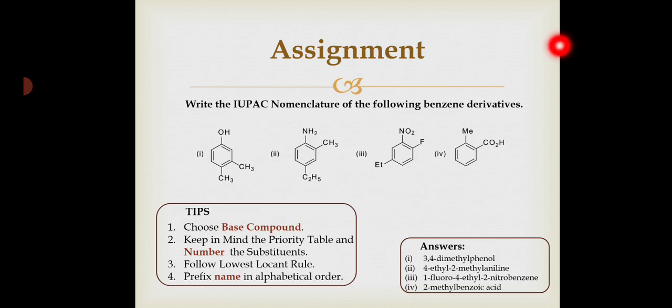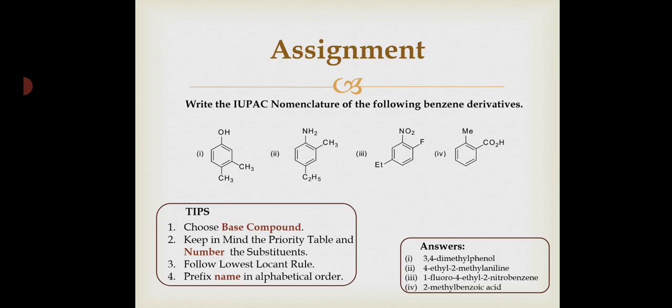The second compound, the base compound is aniline, and so the other substituents, methyl and ethyl, will come in the prefix. Who will come first, methyl or ethyl? Ethyl, E comes first over M, and so the name of the compound will be 4-ethyl-2-methyl aniline, because the numbering will be like this: 1, 2, 3, 4.